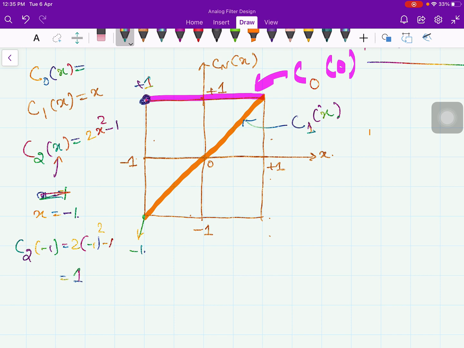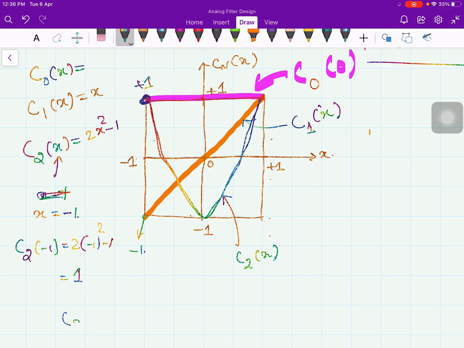Therefore it starts from here. When we substitute x equal to 0, it is minus 1, so it comes like this and goes like this. It's a kind of parabola. Okay, this is C2 of x.